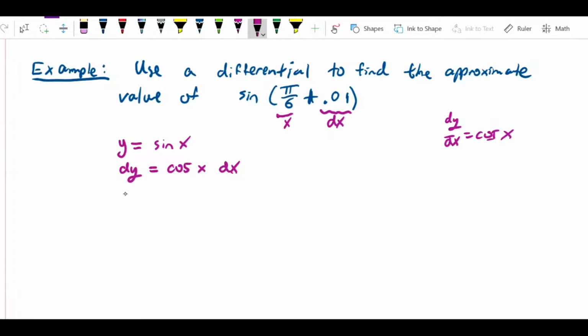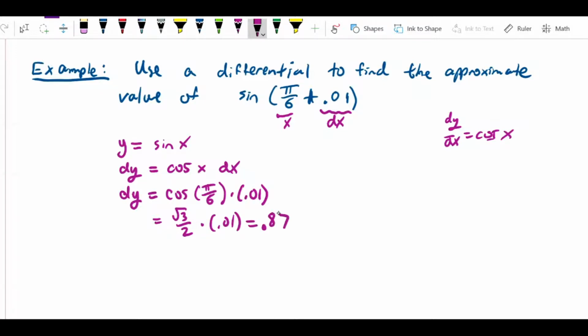So if this is the case, then we can say that dy is equal to the cosine of pi over 6 times 0.01. Now the cosine of pi over 6 is root 3 over 2, and we multiply that by 0.01. Root 3 over 2 is approximately 0.87, so we'll multiply that by 0.01, and finally that comes out to 0.0087.